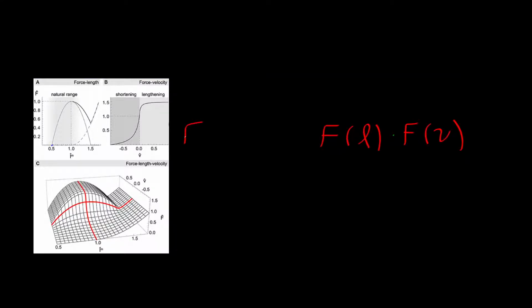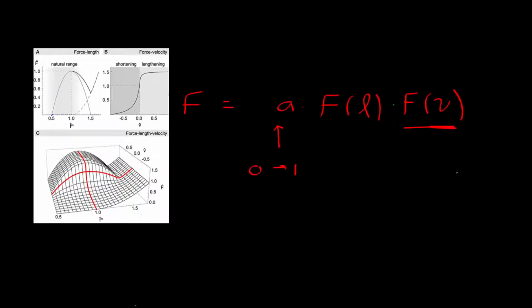We can say the muscle force equals whatever the muscle activation is, that's going to be between 0 and 1, the percentage of muscle activation, right? Multiplied by whatever the value of the force-length is, multiplied by whatever the value of the force-velocity curve is.